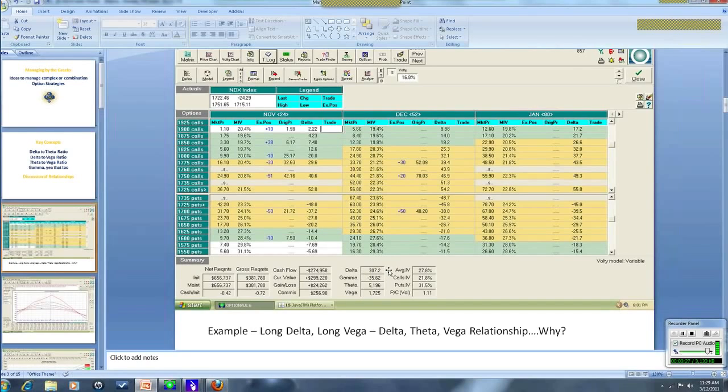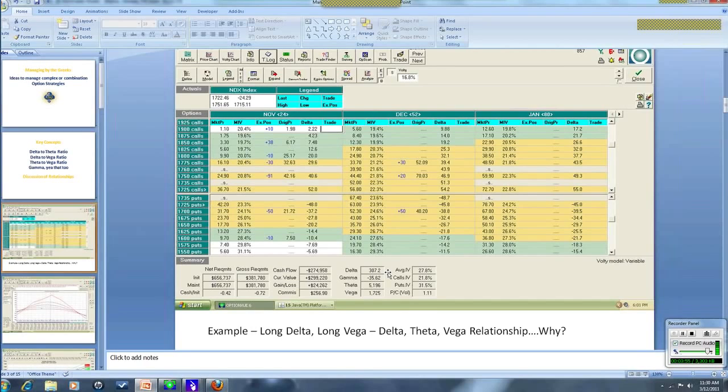Just as a quick example, this was a position where you can see down here that I'm long delta, long theta, and long vega. So this is the opposite of a lot of income trades where your vega is actually short, like a condor. But this shows you the different relationships: 307 delta against a 5100 theta.